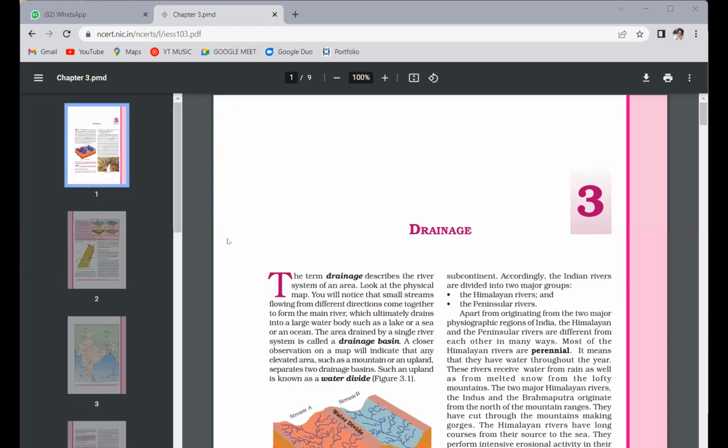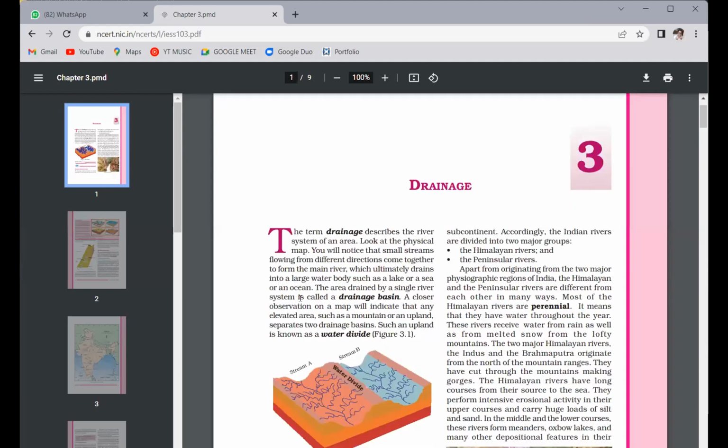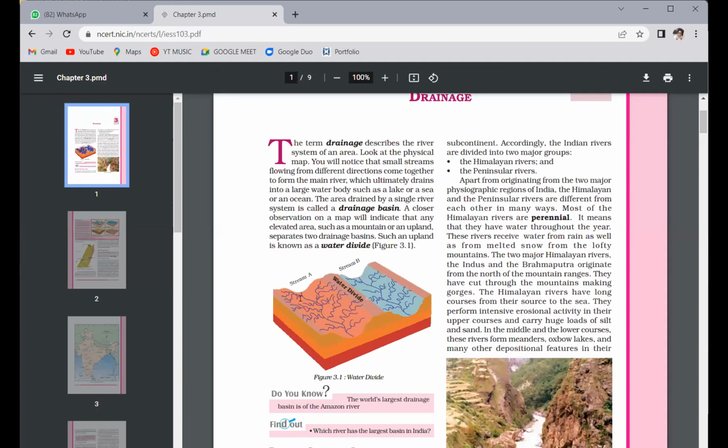Can you see the screen? Yes, ma'am. Chalo. Do we have Bhavya in the class? Yes, ma'am. Okay, Bhavya. Read, beta.